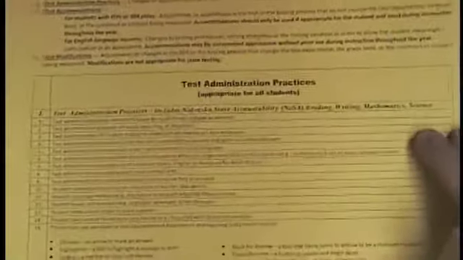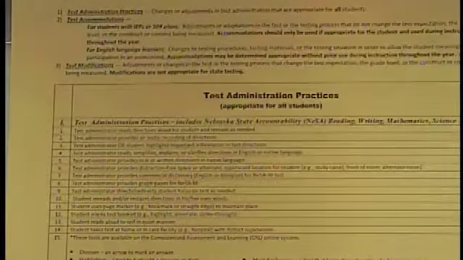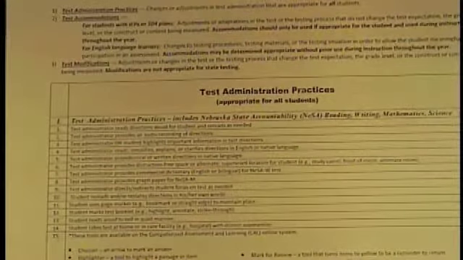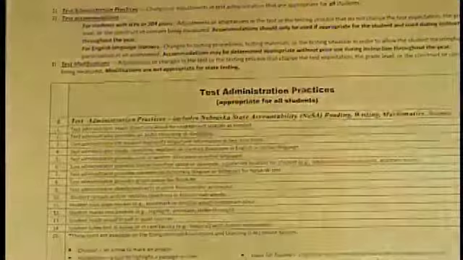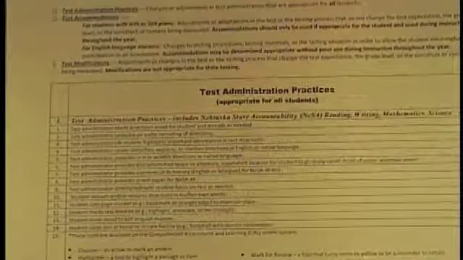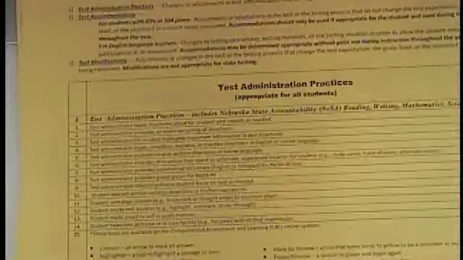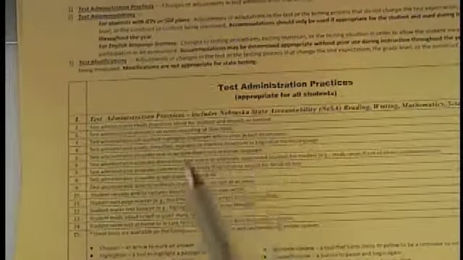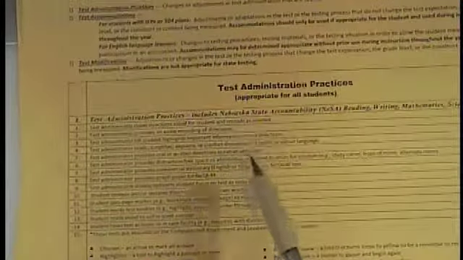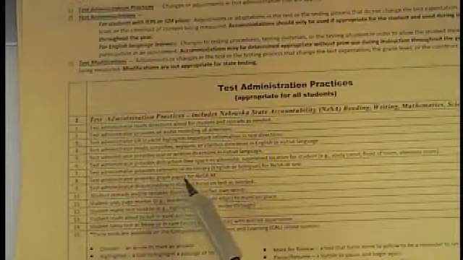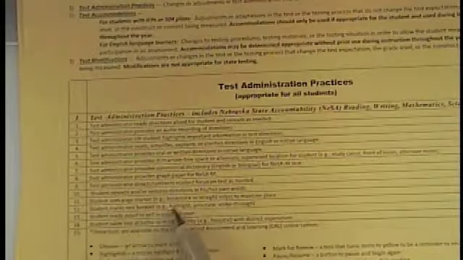These particular accommodations listed down the side on page 1 are the accommodations that are appropriate for all students and the only things that can be done. No one can vary from this particular listing.